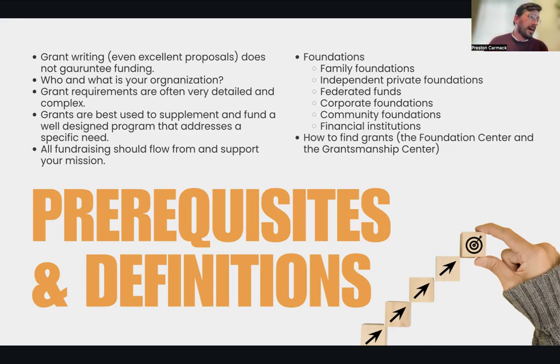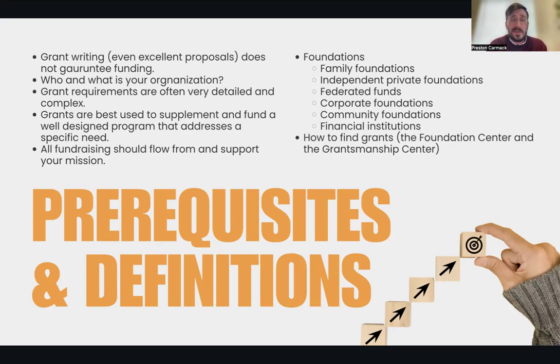The Lilly Foundation is important for us, but a community park foundation wouldn't really have a way of applying for a Lilly Foundation grant. If they did, they probably wouldn't get noticed, because that's not what the Lilly Foundation is looking for. So, who and what is your organization? Knowing that and then being able to connect it to funders is really important.